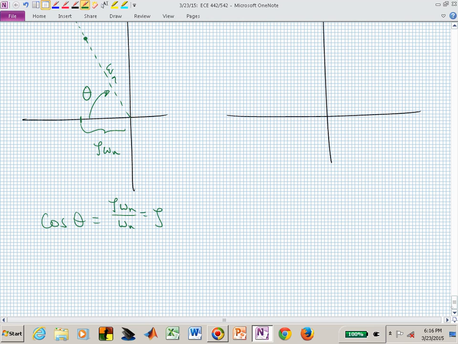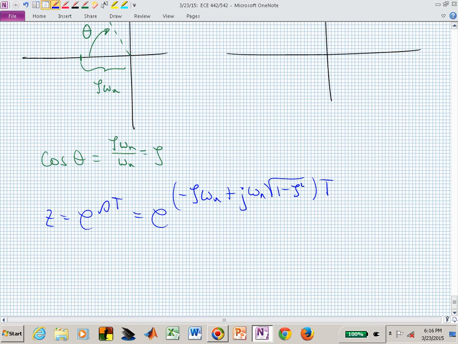Now we have z is equal to e to the st, which is e to the minus zeta omega sub n plus j omega sub n square root of 1 minus zeta squared, all times t. And this is now e to the minus zeta omega sub n t, times e to the j omega sub n t square root of 1 minus zeta squared.